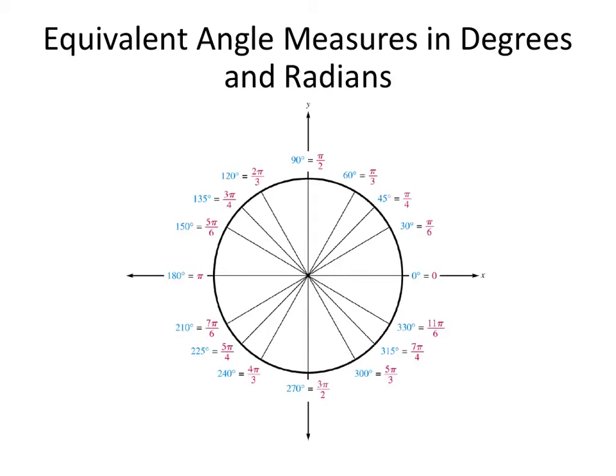This is what we call a unit circle, meaning that the radius is a single unit. And this circle is divided into commonly used angle measures, and it's given in degrees and in radians. It's a very good idea to have these memorized or have some way of rationalizing this information.